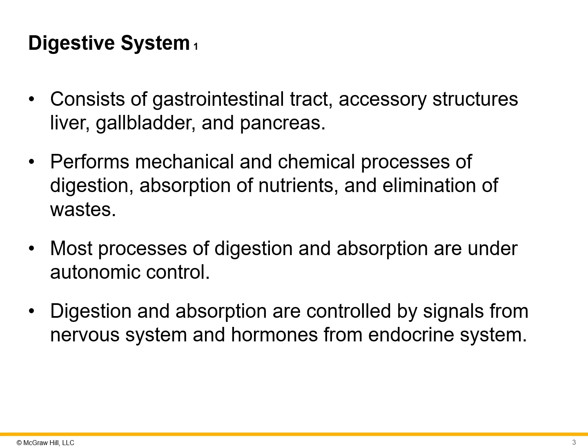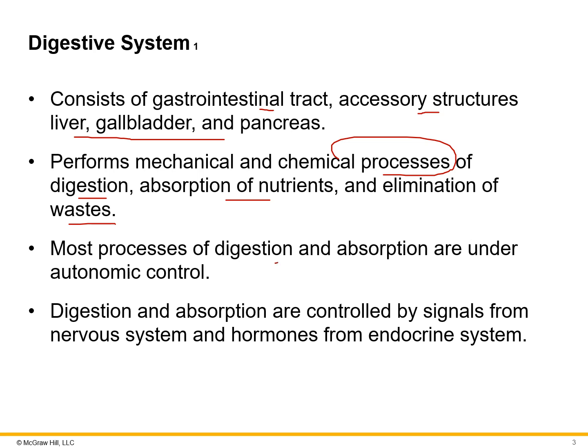So that digestive system, of course, is made up of the GI tract, but also accessory structures, and this includes the liver, the gallbladder, and the pancreas. So multiple organs here in this system. Its job is to do all the processing that helps with, of course, digestion, but then absorbing those nutrients and getting rid of waste.